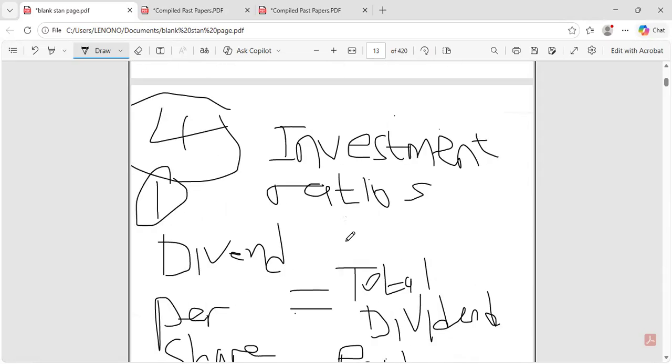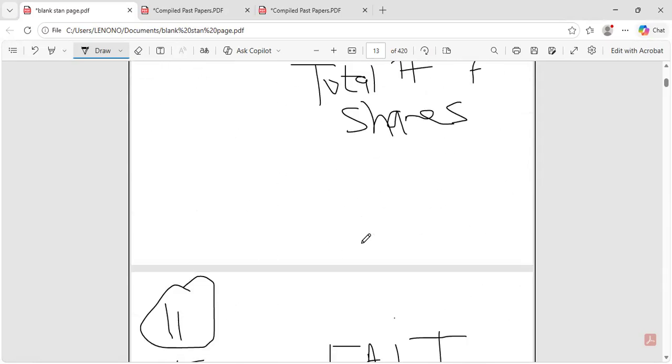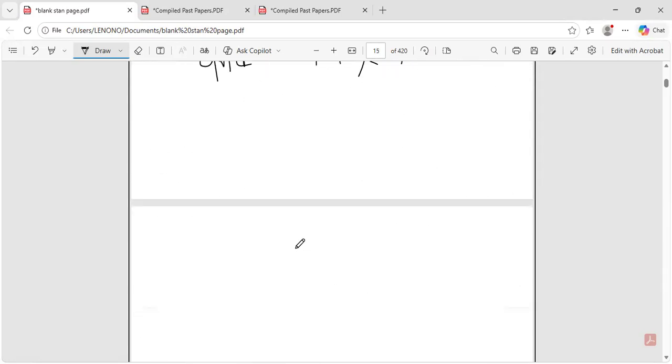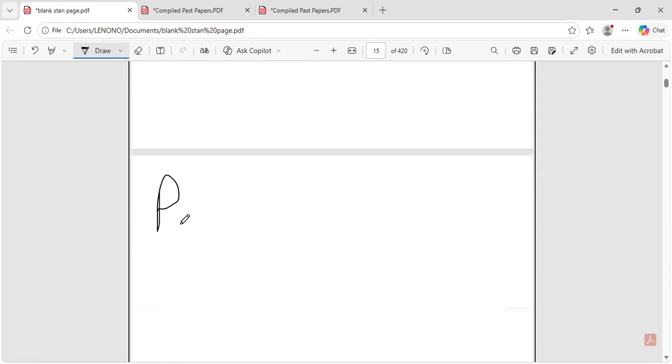And of course, I can incorporate another one, where we see return on equity.